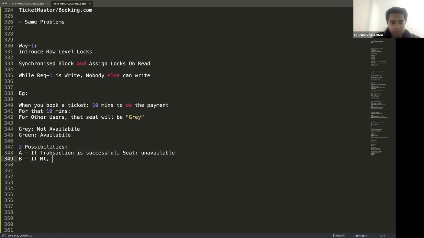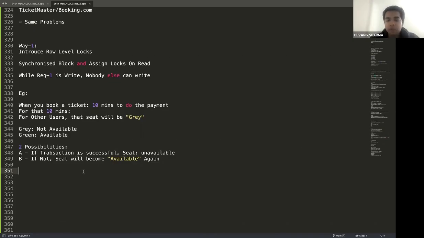If not, the seat will become available again. Everybody clear with this?